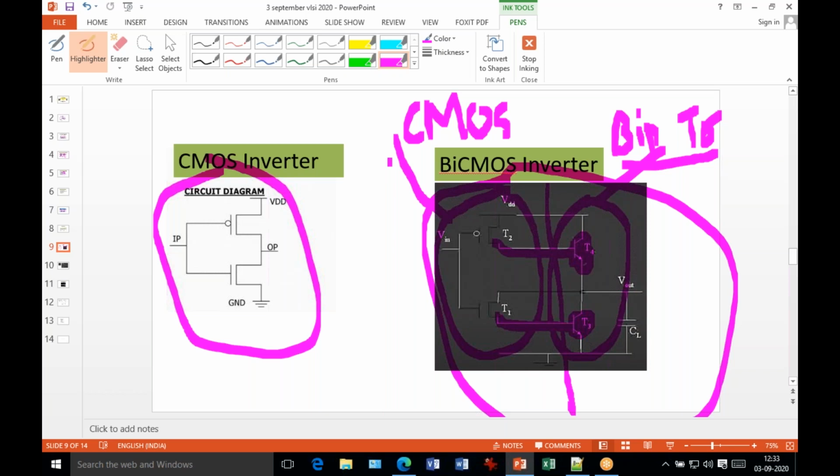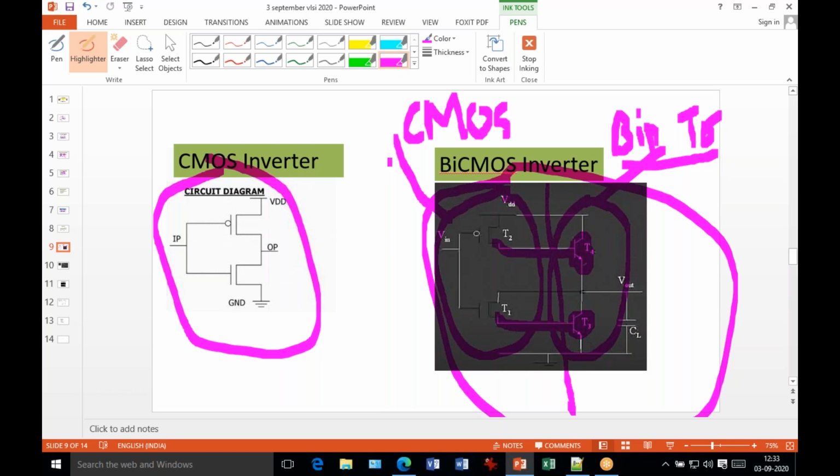See, if the input supply is 0, that means this PMOS is on, current is available, and your T1 transistor is in conduction mode. Conduction means it is capable of generating the emitter current.